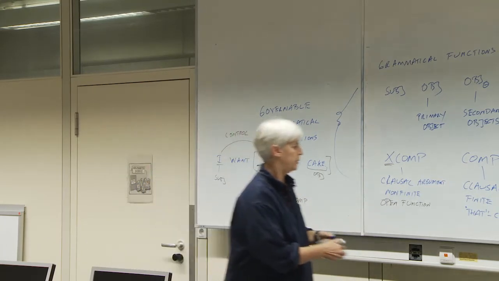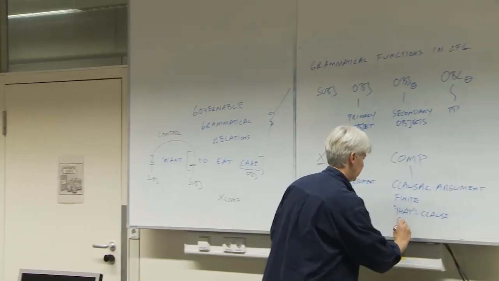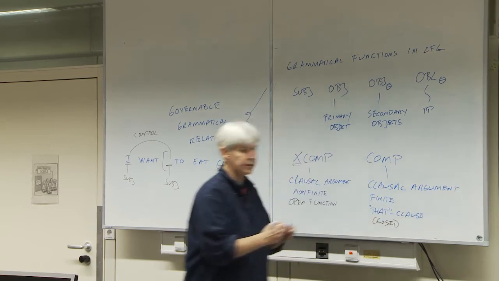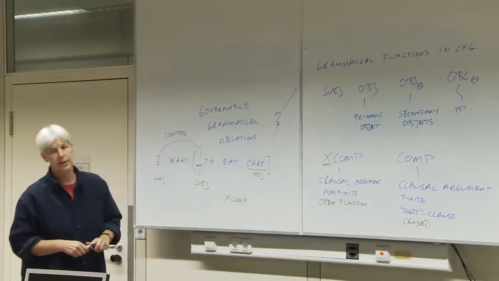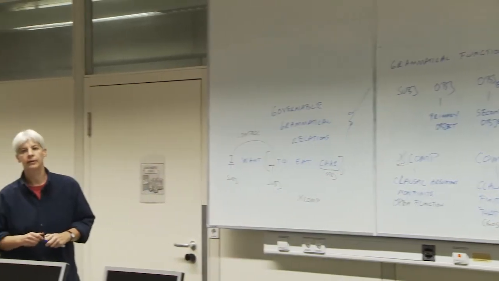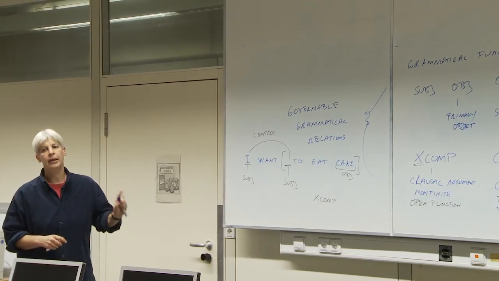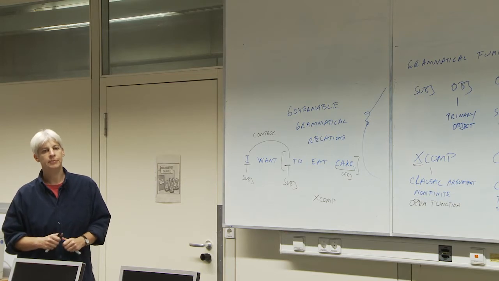And the COMP is closed, so there's nothing coming in from the outside. That clause contains a whole finite sentence again. Again, we'll go through this in more detail in a separate session.